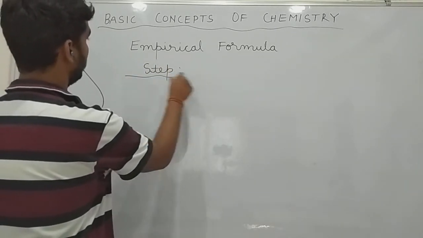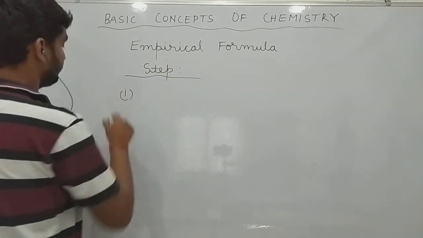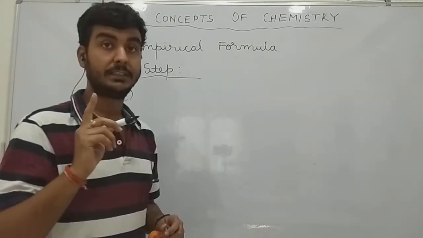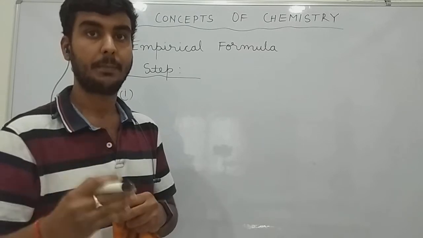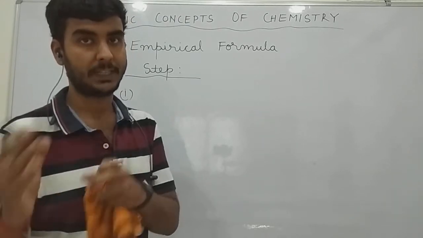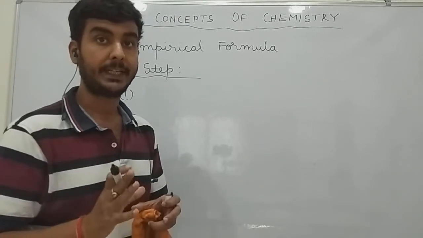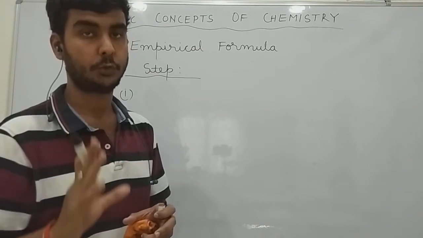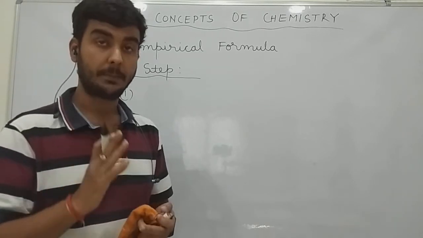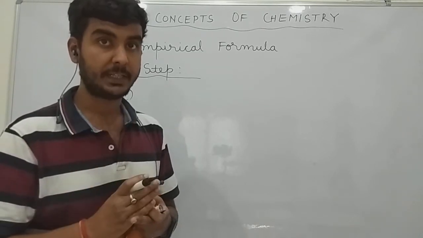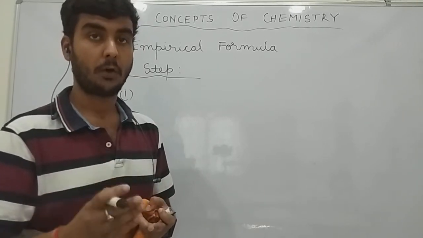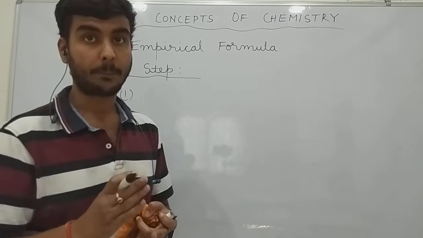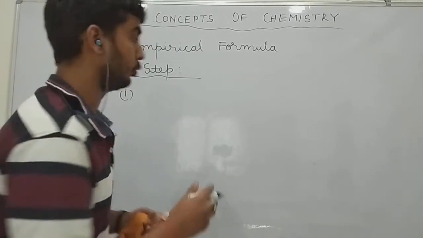The first step is: divide the percentage of each element by the atomic mass of that element to obtain the atomic ratio. The percentage of each element is divided by the atomic mass of that element to obtain the atomic ratio.